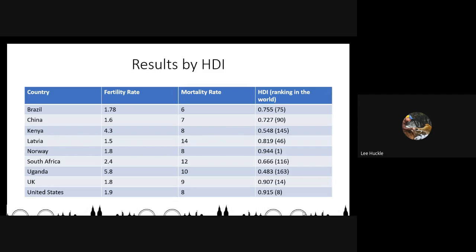And if you look at that same set of countries there, look at Latvia, 46th in the world. The lowest ranking there, again, is Uganda, so that made sense. But the highest country is Norway. You wouldn't have picked that up from the fertility and mortality rates on their own. So you've got to use ranges of data to make those decisions. And the United Nations tend to prefer the HDI scale.